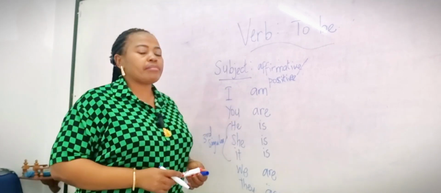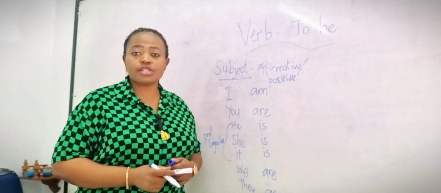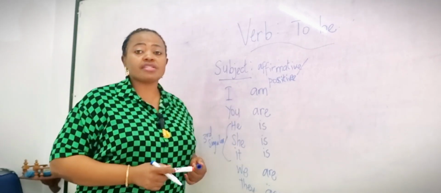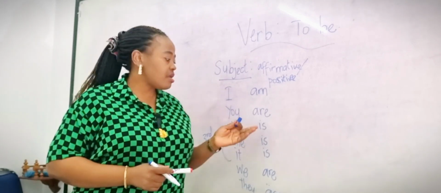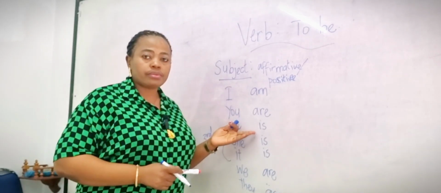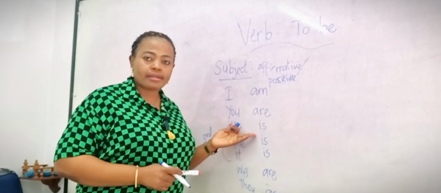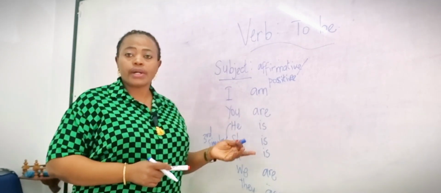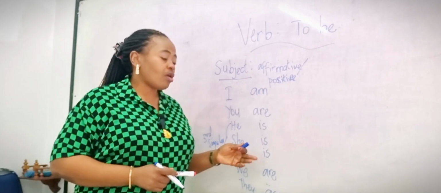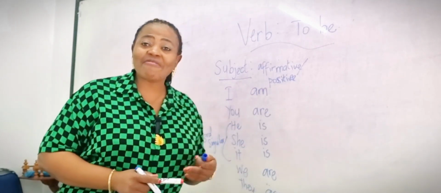So this is it for the affirmative form. You have I am. For example, I can say I am a teacher. You are a student. He is a student. He refers to a male, boy or man. She is a student. She refers to a girl, a woman or a female.